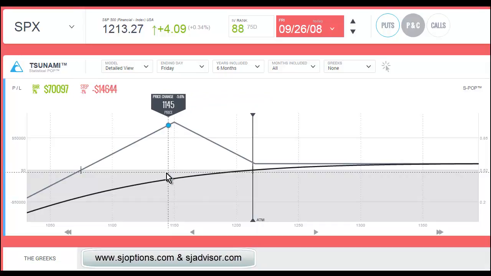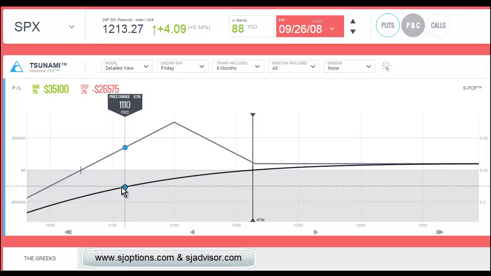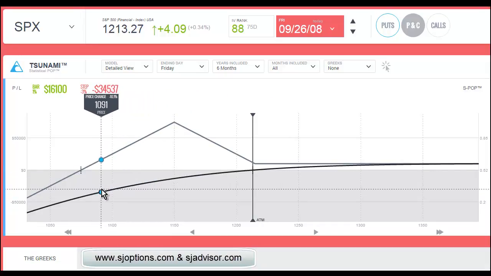So if you go down 10%, you'll see that the trade starts with a margin of about 34,000, which you can see up here. I moved down 10%, and then the day step line's at $34,000 loss.